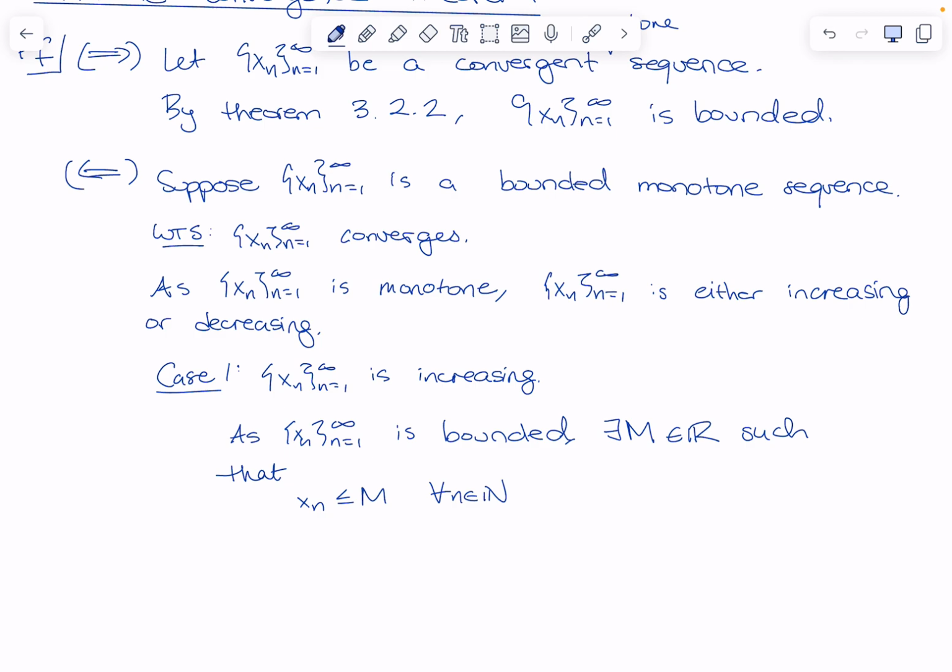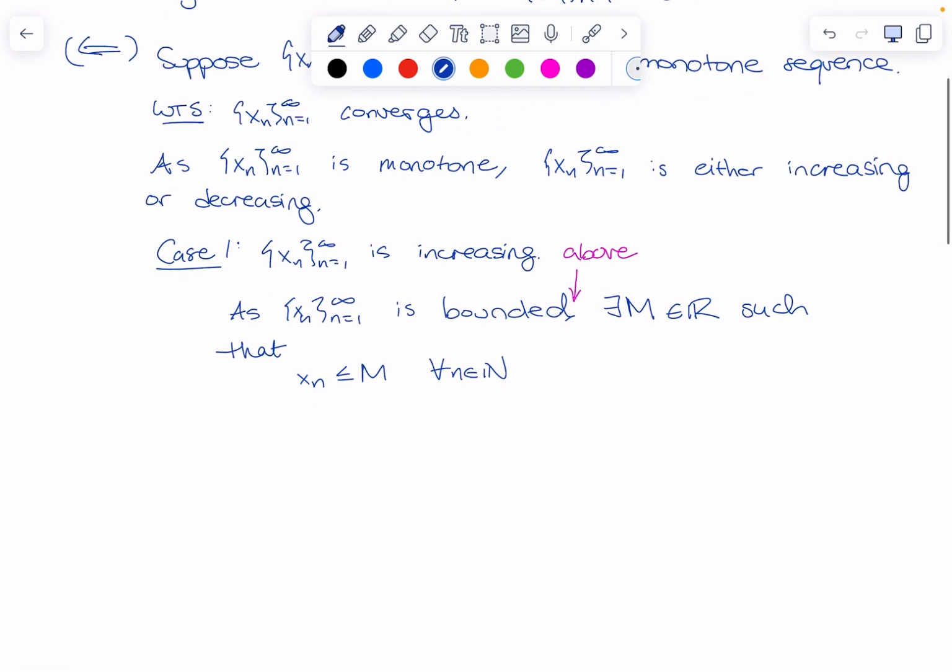We're using bounded above here; bounded means bounded below and above. To make this clearer, we can say it's bounded above, which tells us the existence of a bound bigger than xn for all n. Any questions? That word is useful in the next case, so I'm going to throw it out there.